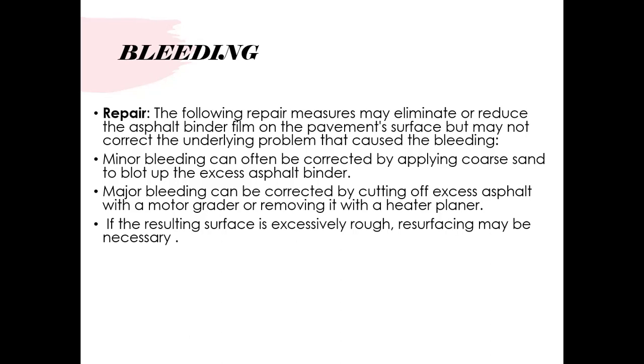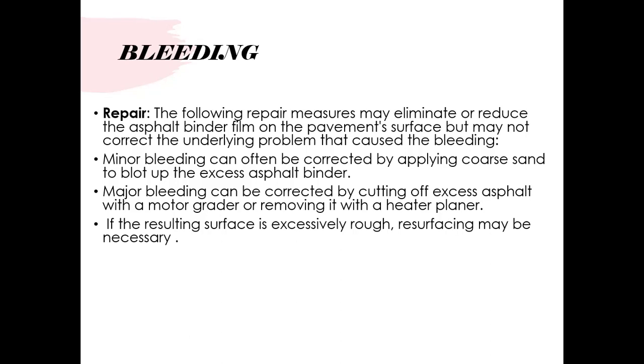This is done right at the start. If after laying a pavement, on the second day you find that the asphalt is on the surface, you can always apply coarse sand to blot up the excess asphalt.